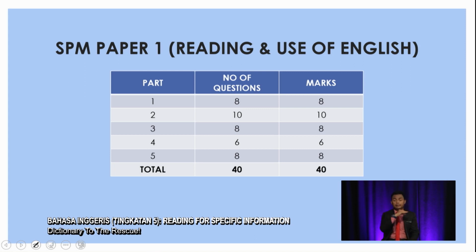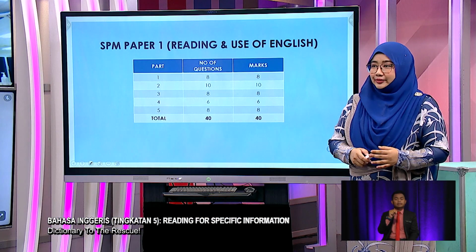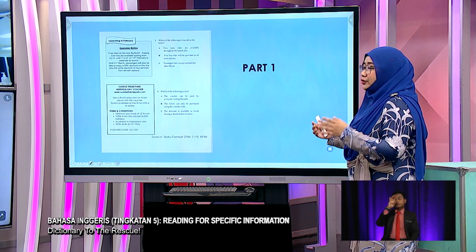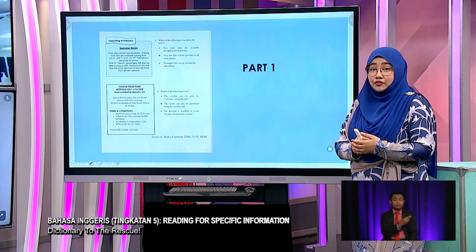Meanwhile, for part 4, we have 6 questions and 6 marks. And then finally, we have part 5, 8 questions, 8 marks. So that brings up a total of 40 questions for Paper 1 and a total of 40 marks for Paper 1.